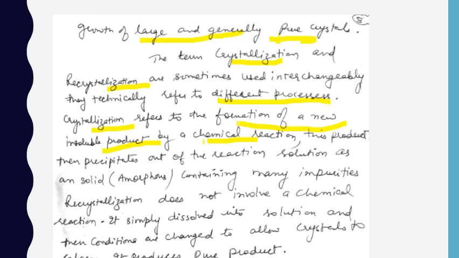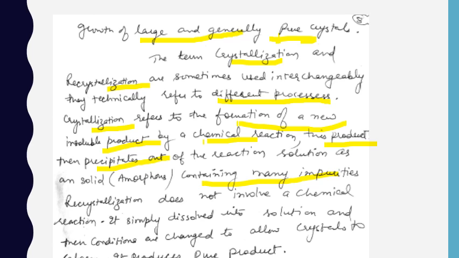You have seen this in reactive crystallization, where the reaction produces a precipitate. That is the new crystal formed by the reaction. Then it can be purified again by the same method, and if it has many impurities, it can go for crystallization.